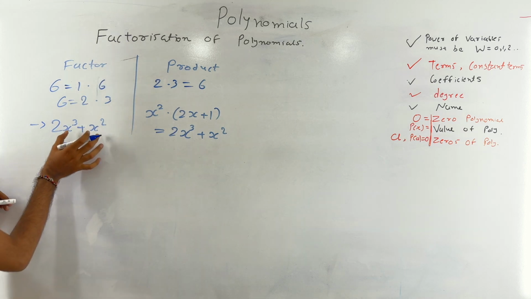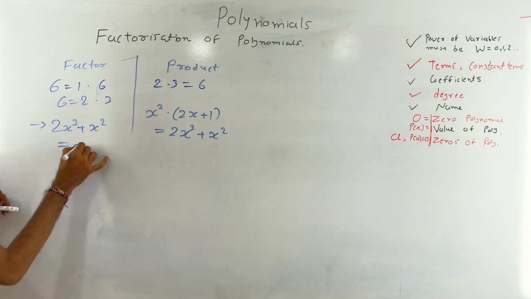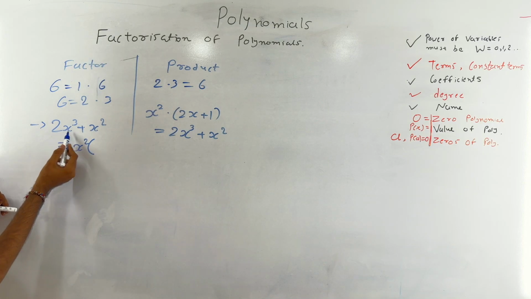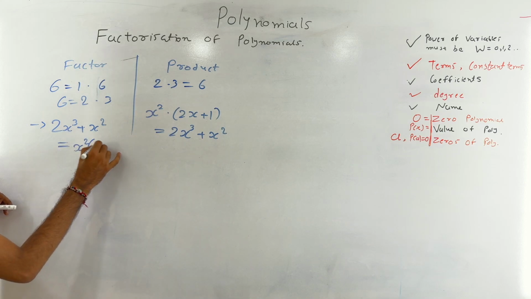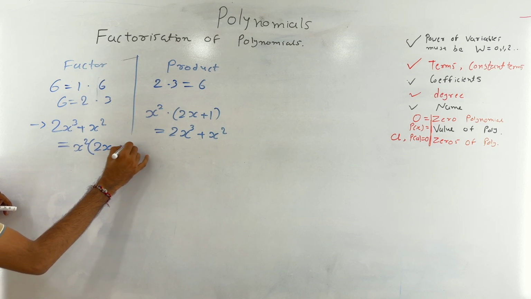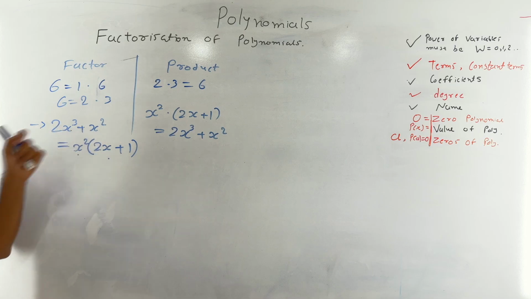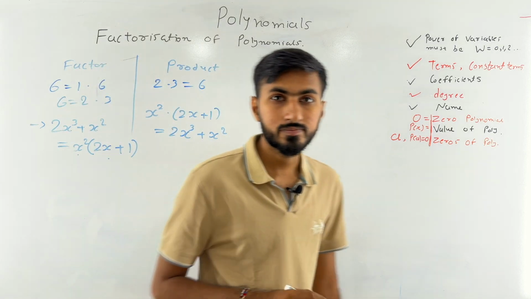Take a common number or common variable from these two. I have common variable x square from these two, so I can write it outside the bracket. If I take out common x square from these terms, then in the bracket my first term will be 2x only and the second term only 1, right? So x square and 2x plus 1, these two are factors of this polynomial, right? You have already done this type of question in standard 8.